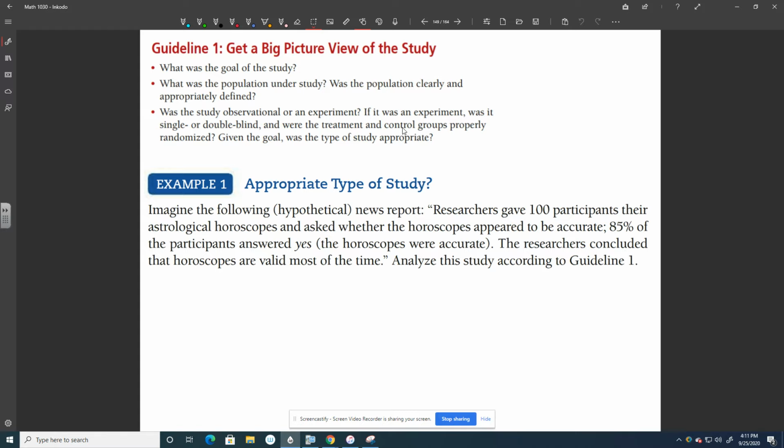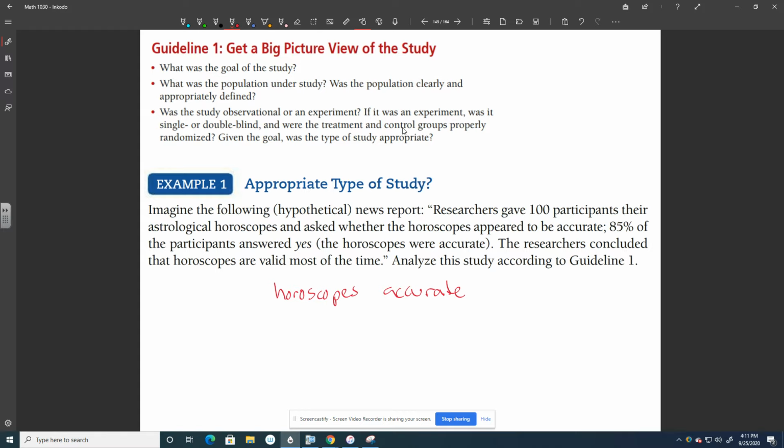So if we just consider guideline 1, what's the goal of the study? Well, the goal of this study is to find out if horoscopes are accurate. That's all they're looking for. Are horoscopes accurate? That's the end goal here. What was the population under study?